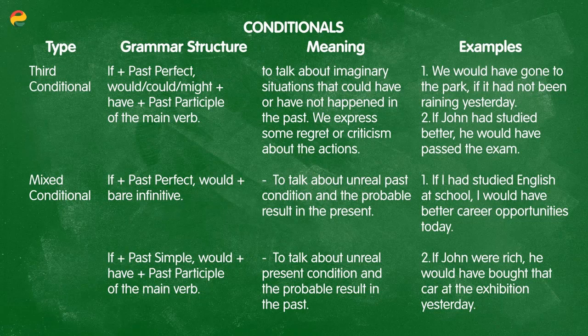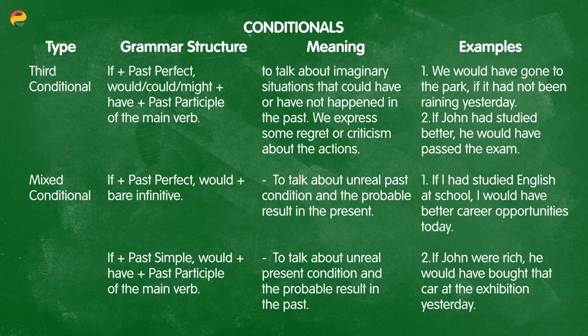And remember, we can mix these second and third conditionals, for example, using if followed by a past perfect clause, then would with the bare infinitive, or if followed by past simple, and then would followed by the past perfect, to talk about either A, unreal past conditions and the result in the present, or B, unreal present conditions and the probable result in the past.